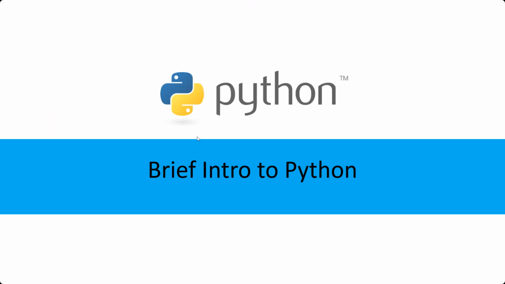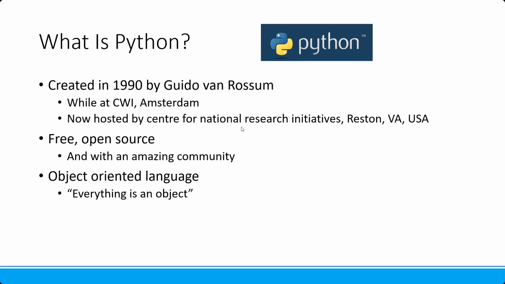I will not discuss a lot about Python because many of you already learned Python. Python was created by someone named Guido van Rossum in 1990 while he was in Amsterdam. Now he is in the USA, and Python is free, open source, and object oriented.